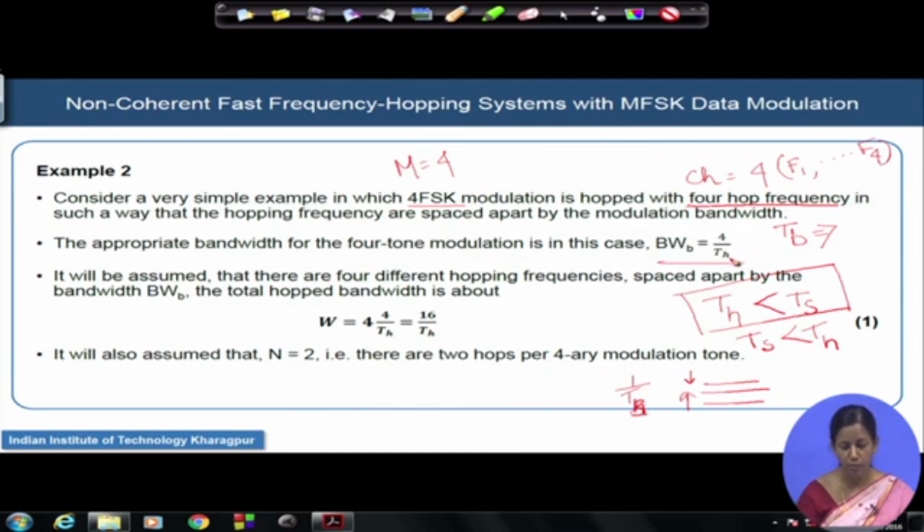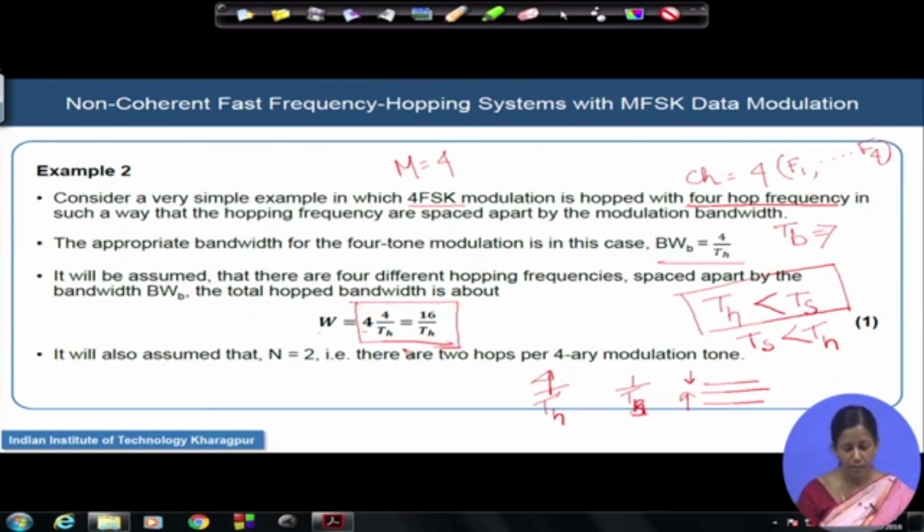This time it will be governed by TH, because TH is the lowest possible time duration in our situation. So here it will be 1 by TH, and we have 4 different tones to choose from, so it will be 4 by TH in our case, and that is the bandwidth. How will we go ahead? We have 4 such channels, so the total bandwidth will be 4 into 4 by TH, which is 16 by TH finally.